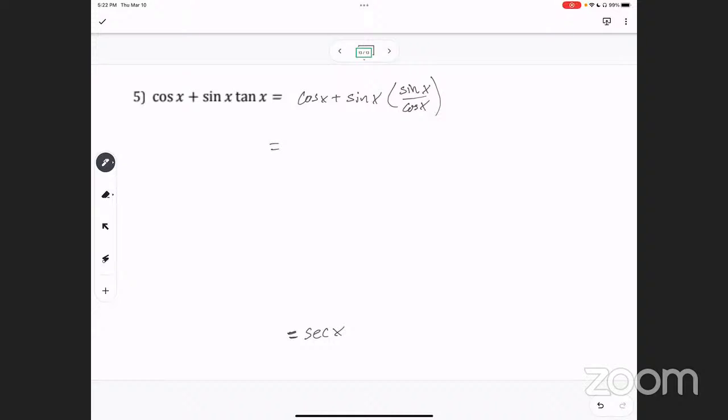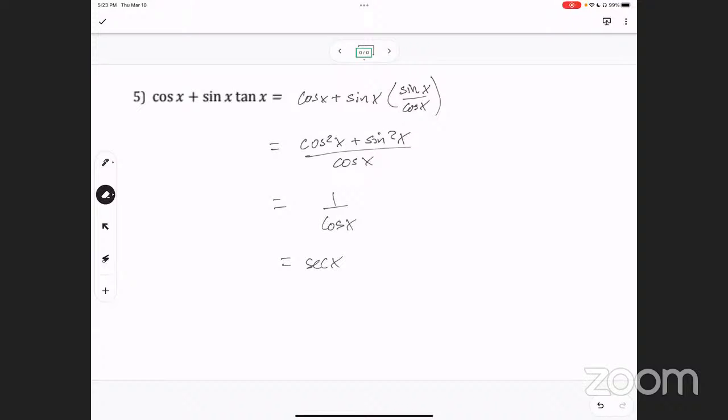So it's gonna be cosine squared plus sine squared over cosine. You're talking about getting a common denominator. Yeah, and then it's gonna be 1 over cosine of x, and that's just gonna equal secant. Good job. Piece of cake. Yep.